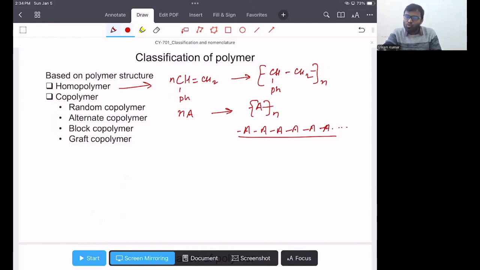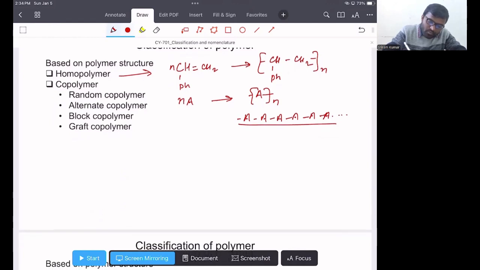What about the copolymer? Suppose you have the polymer here. If you have this polymer, you have two kinds of monomer.